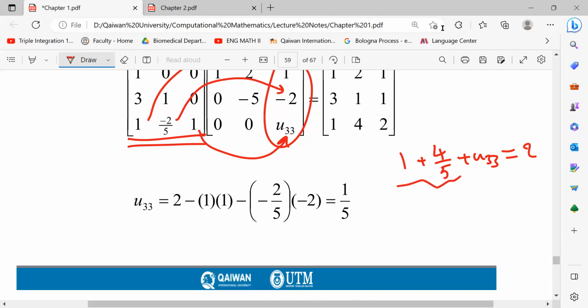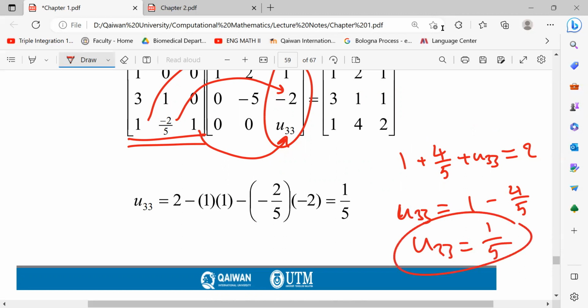Now we move these two to the right hand side. We get U33 is equal to 2 minus 1 minus 4/5. 2 minus 1 is 1, so we get 1 minus 4/5. Finding a common denominator of 5, we get 5 minus 4 over 5, which is 1/5.